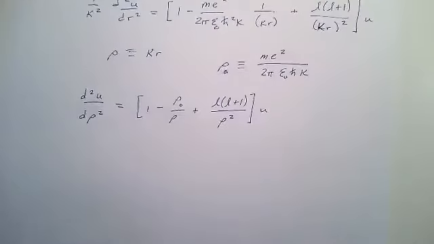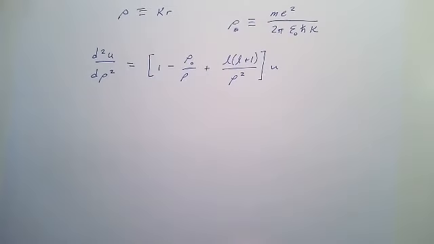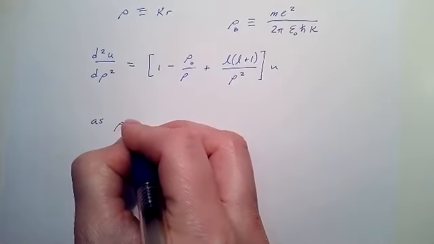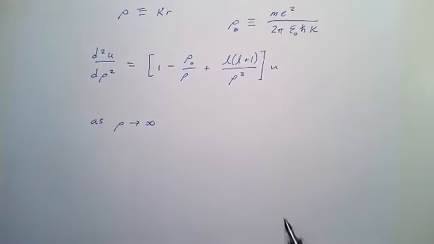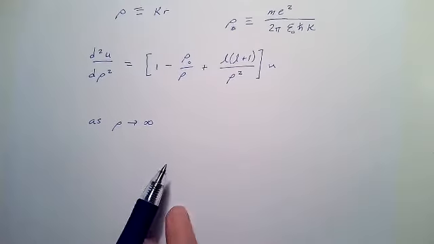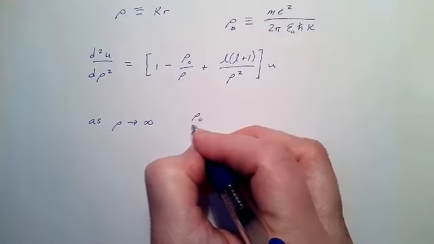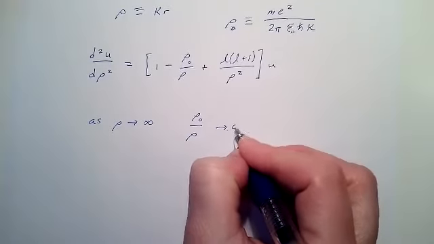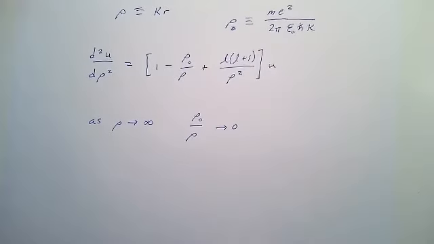Okay, so the first thing you want to do is examine the asymptotic form of the various solutions that you might get. So you're going to examine what happens at the extremes. At the extreme where rho goes to infinity, you're going to notice that rho naught over rho goes to 0. So it's well behaved.